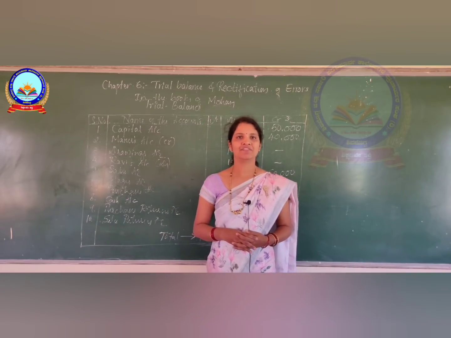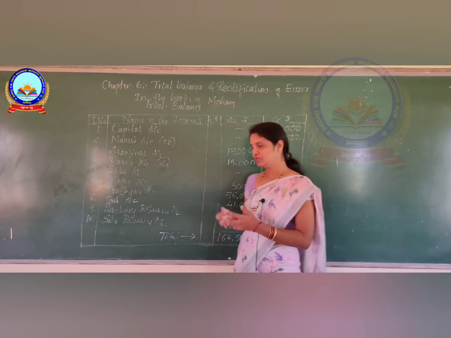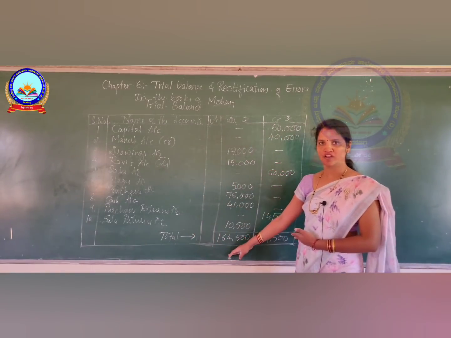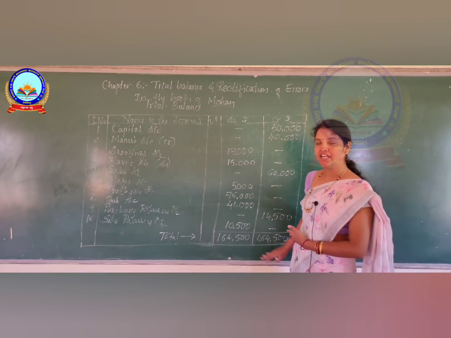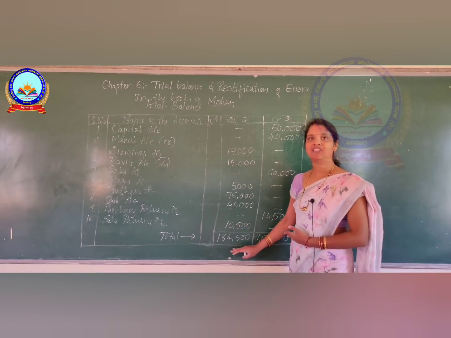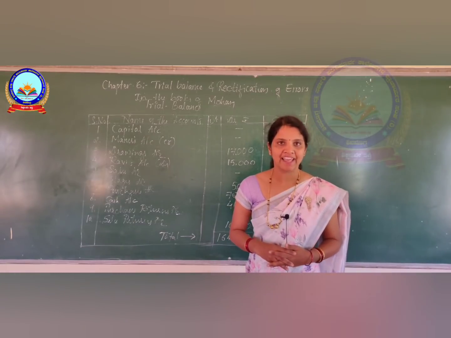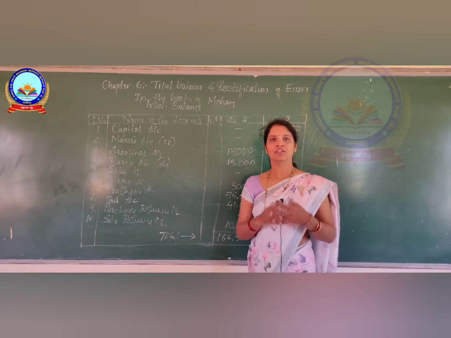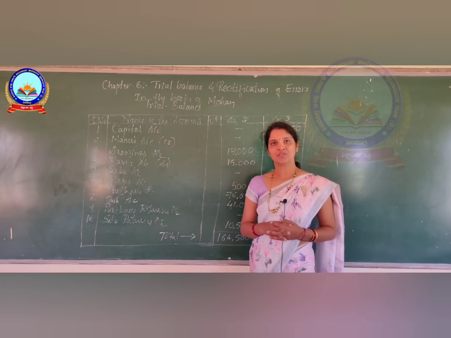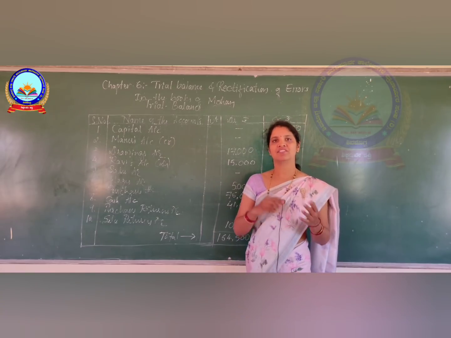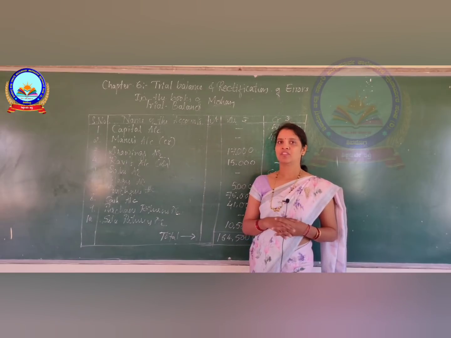So what is the significance of agreement of trial balance? Agreement of trial balance means the total of debit is equal to the total of credit. It must be equal, it must tally. Then it is said that there is arithmetical accuracy, meaning we have done calculations, balancing, totaling, transferring correctly.